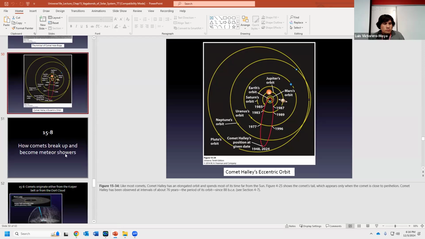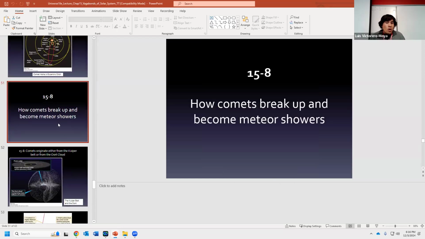Okay, so to explain meteor showers, which many of you have heard about, for example, the Gemini meteor shower, we need to use comets. The thing about a meteor, by the way, is that it is an object entering the atmosphere of the Earth, but then it is vaporized.